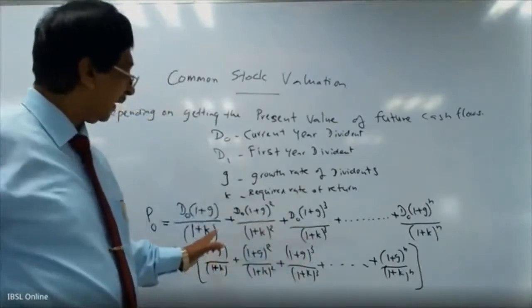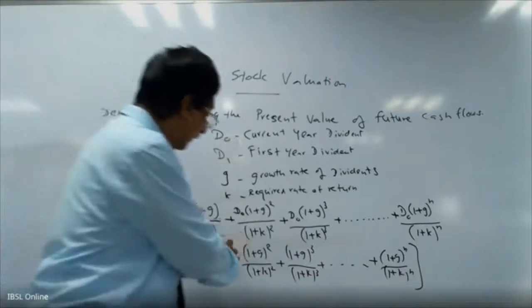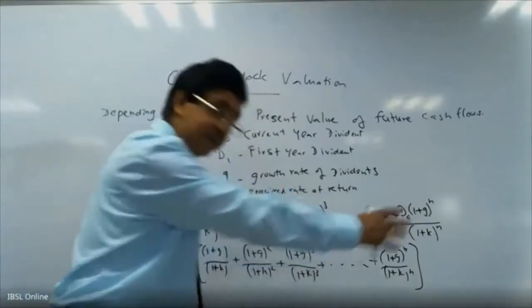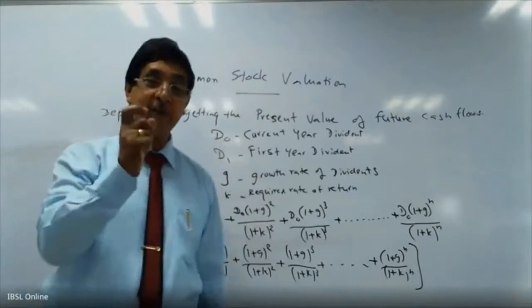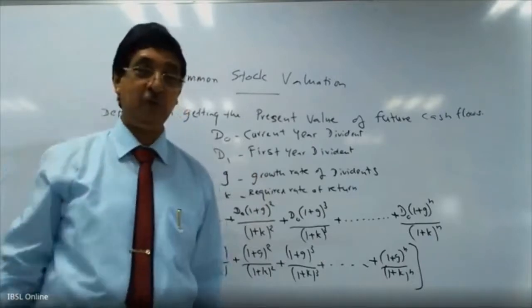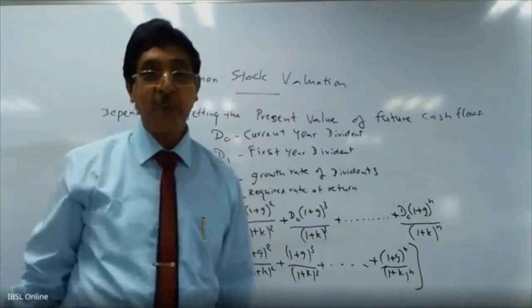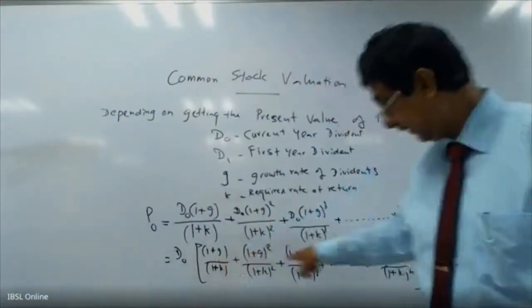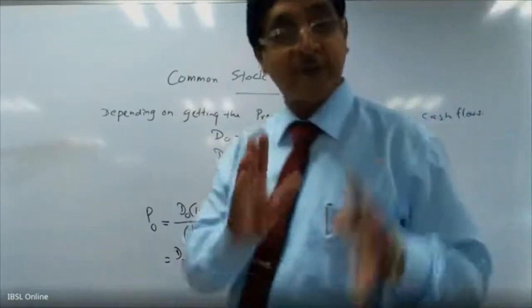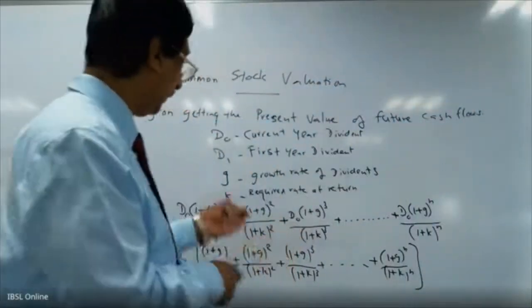Why do I say this is a geometric series? Because there's a common ratio. Can you tell me what is the common ratio? 1 plus g over 1 plus k is the common ratio.